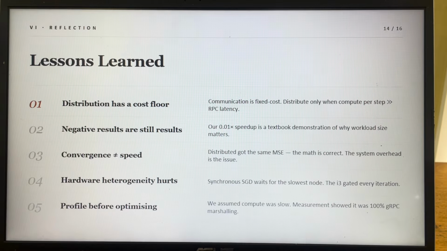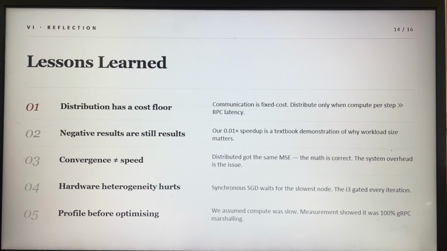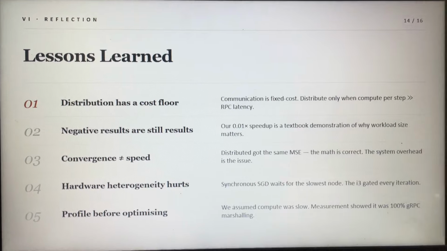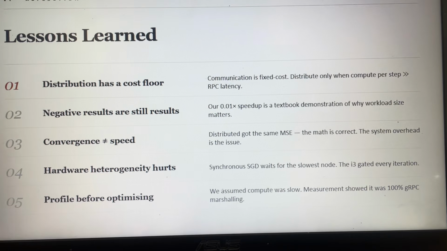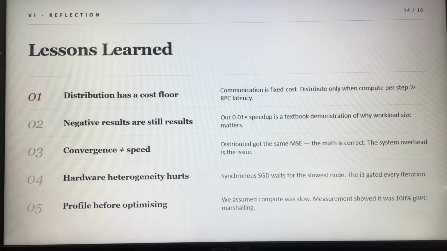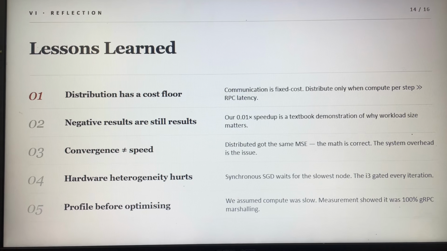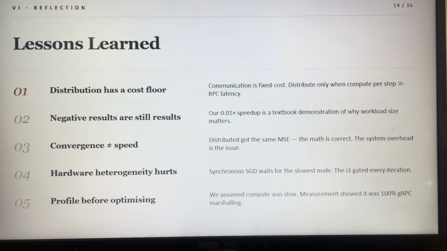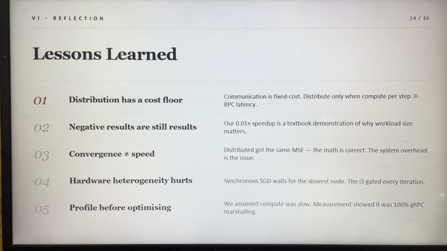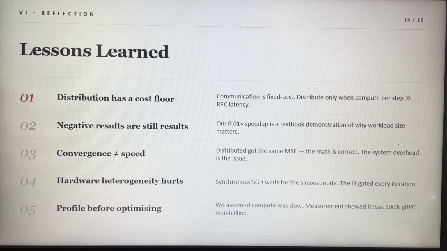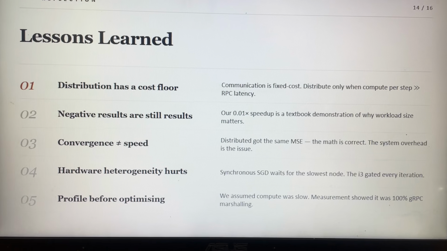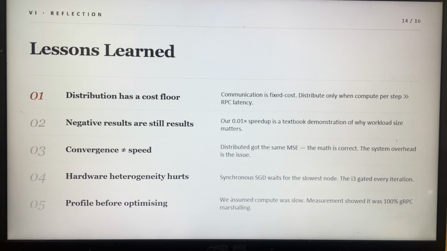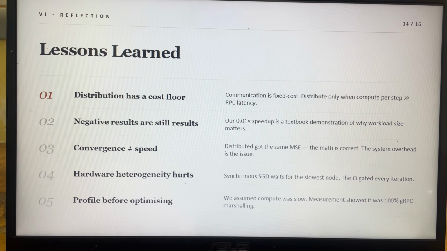The lesson learned from all of this is that distributed has a cost floor. Communication is a fixed cost, paid once per step as RPC latency. So we got negative results. It's not the results we expected, but they are still results. Our 1% speedup is a textbook demonstration of why workload size matters. We found that convergence does not equal speed.